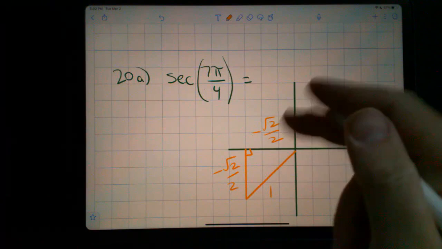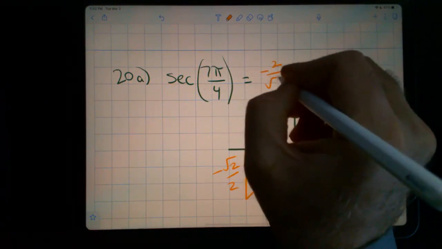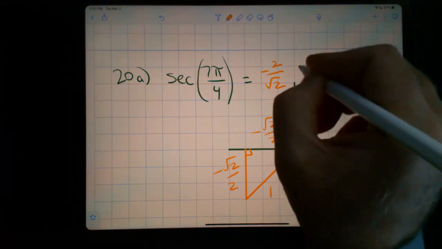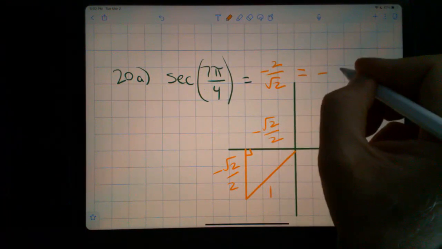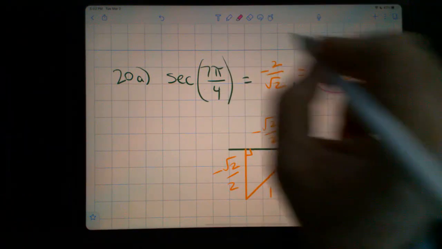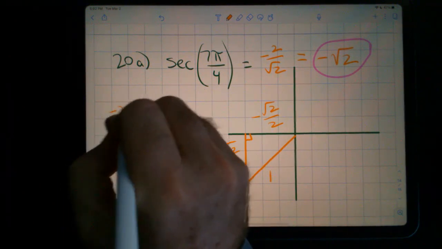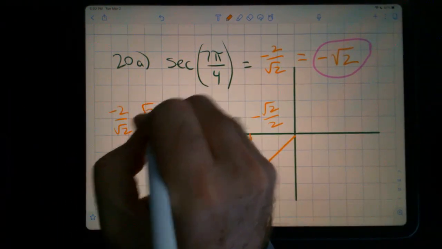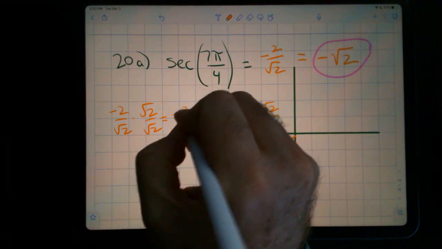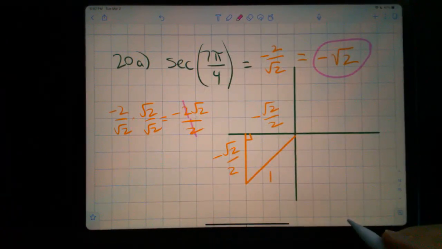Secant is the inverse of cosine. So this is going to be negative 2 over root 2, which gives us negative root 2. Because if we have negative 2 over root 2, rationalize the denominator, we get negative 2 root 2 over 2, and then there's just too many 2's going on. Okay.